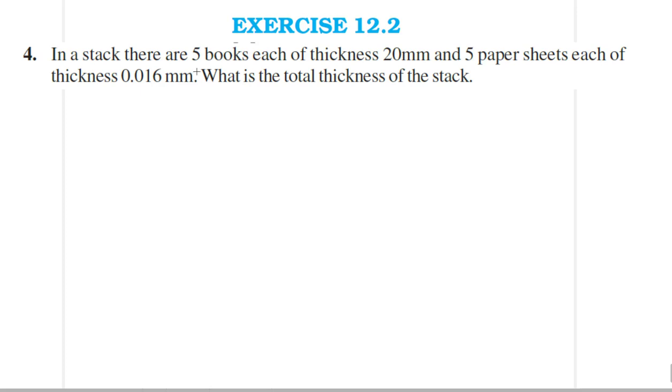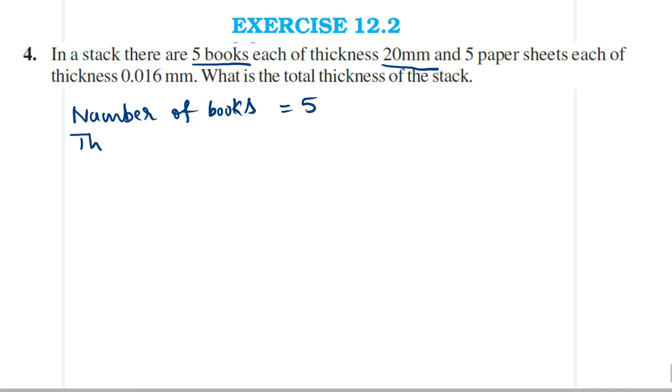In a stack, there are 5 books, each of thickness 20 millimeter, and 5 paper sheets, each of thickness 0.016 millimeter. What is the total thickness of the stack? So here we have how many books? 5 books, each of thickness 20 millimeter. So let us write: number of books is equal to 5.